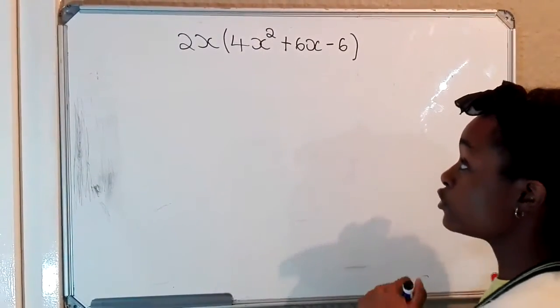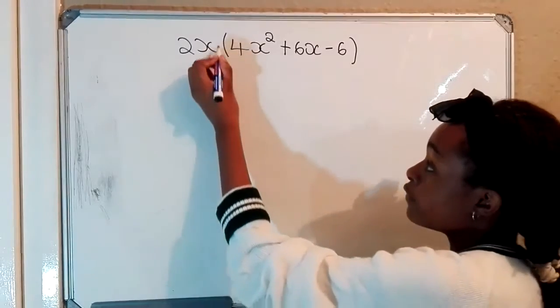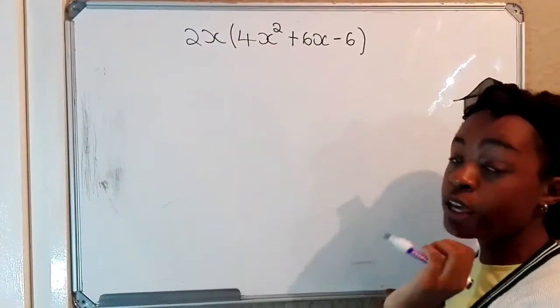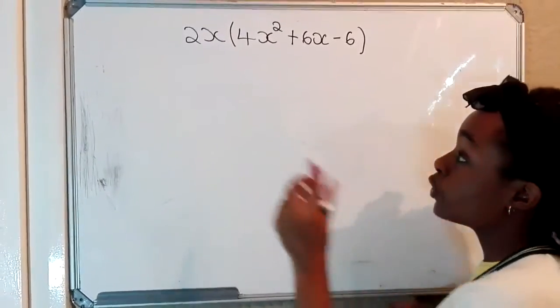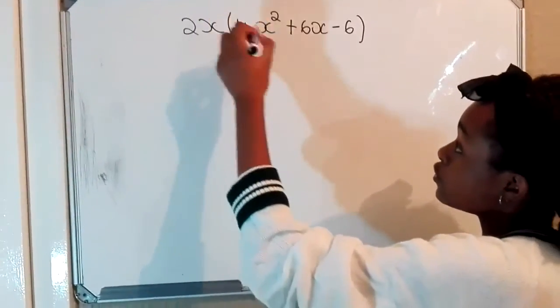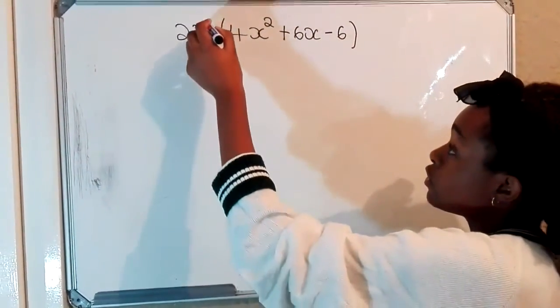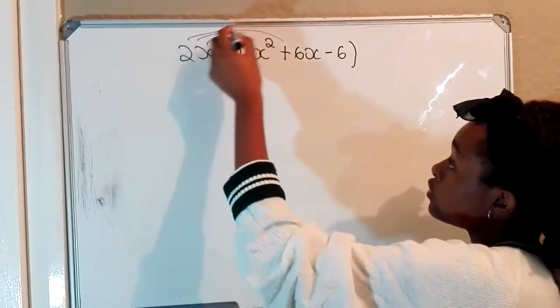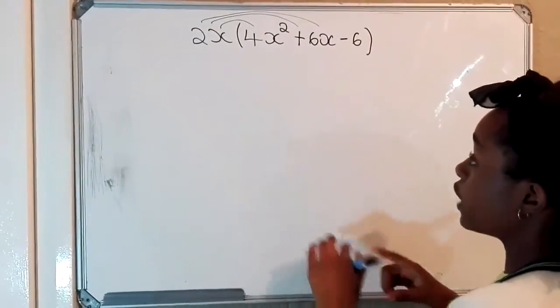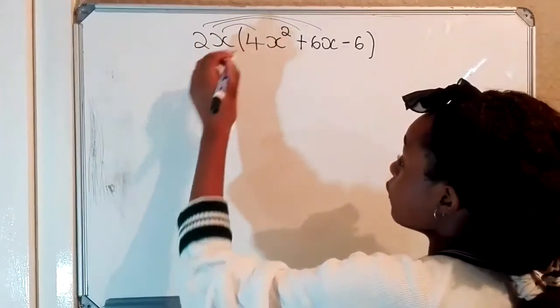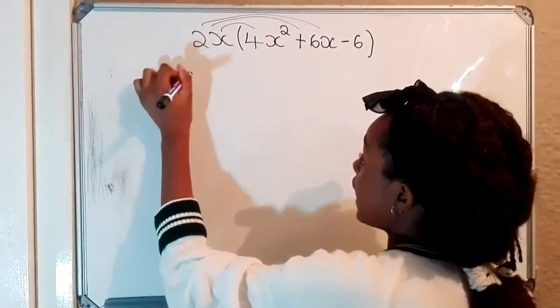So like I told you in the previous video, when we have nothing in front of the brackets, the default operation is multiplication. So we're going to multiply 2x into everything in the brackets. We're going to distribute 2x to every single term. Okay, so when we do that, we say 2x times 4x squared. So 2 times 4 gives you an answer of 8.